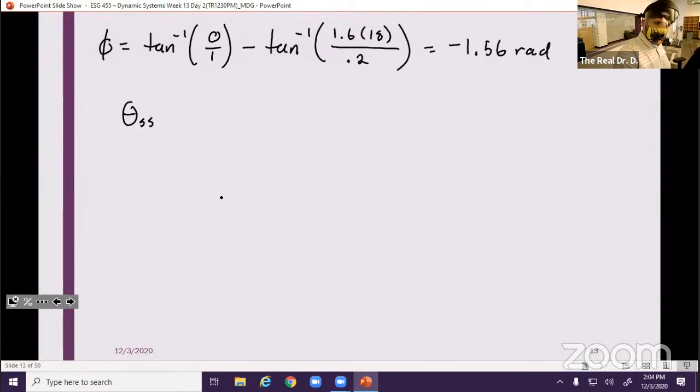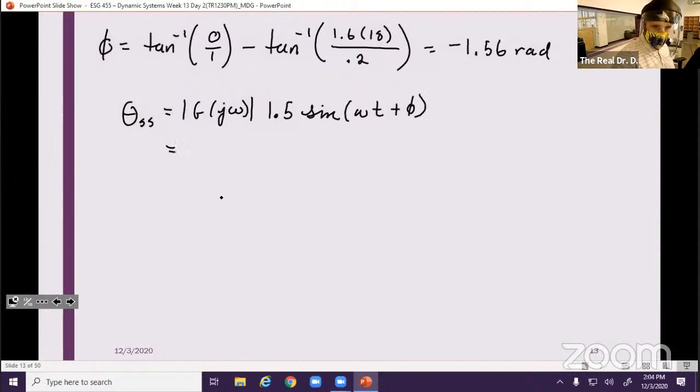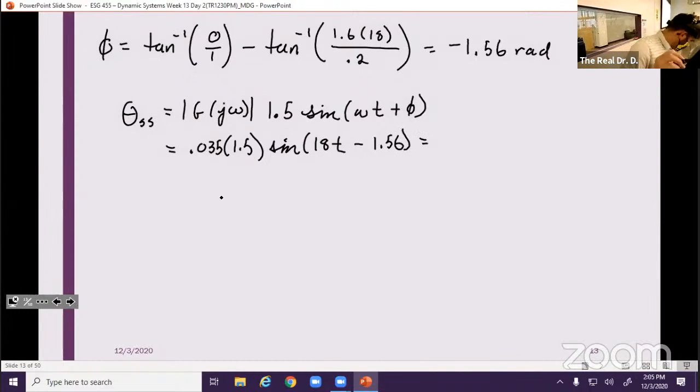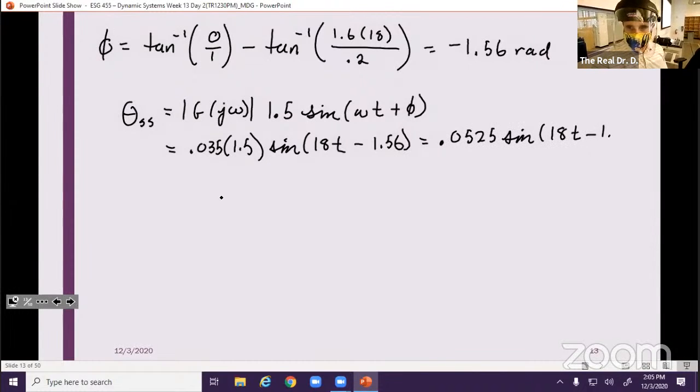So my steady state becomes g of j omega times u naught sine of omega t plus phi, or 0.035 times 1.5 sine of 18t minus 1.56, or 0.0525 sine 18t minus 1.56.